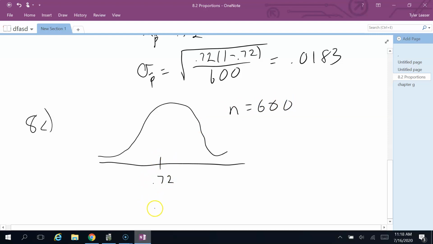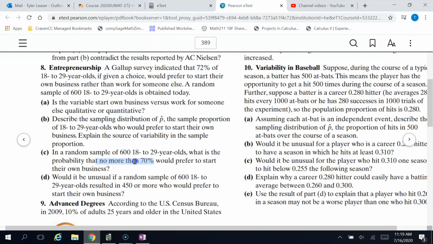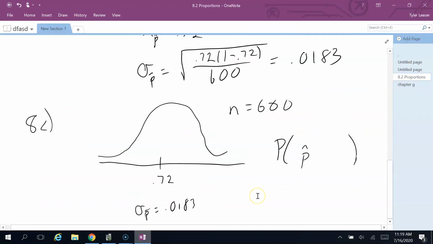The standard deviation of the sampling distribution is at 0.0183. Our question wants us to find the probability that we grab those 600 people and the sample proportion is no more than 70%. No more than 70% is less than or equal to 70%, which is 0.7.